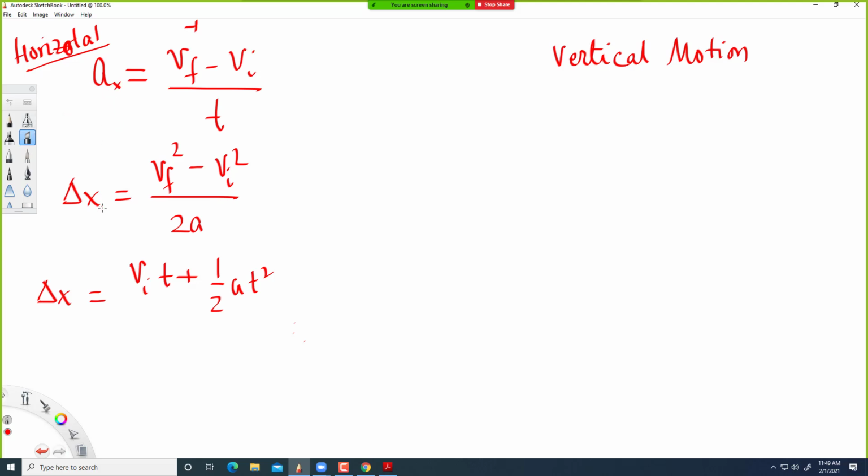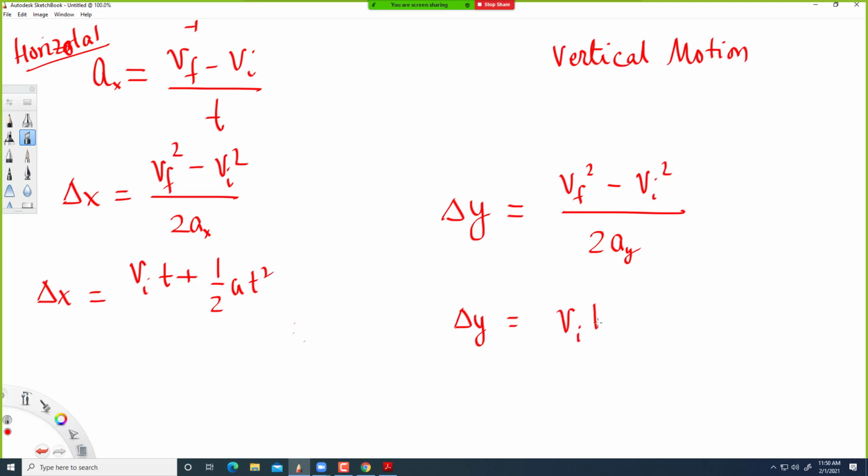Okay. For vertical, we'll be using y, instead of x. So here we will be using delta y, same equation but different symbols. Instead of a, we'll be using ay. Here we will be using ax. Here we will be using delta y. This is the vertical height or vertical displacement. Vi t plus 1/2 ay t squared.